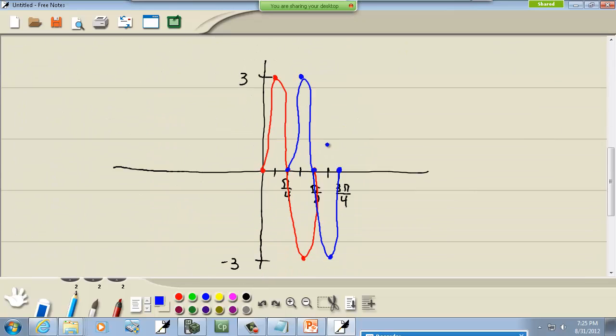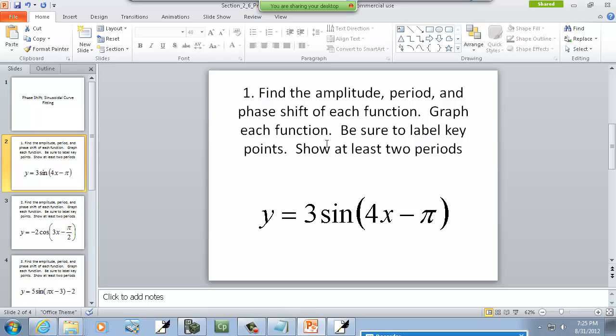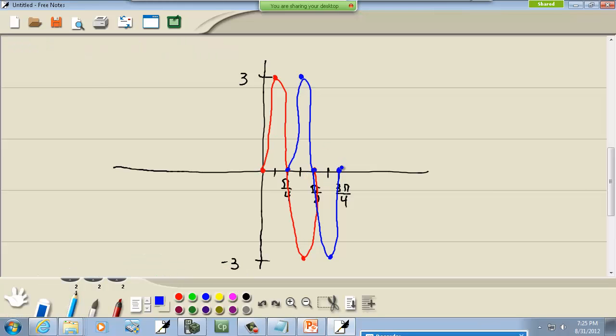Now, if it says for 2 periods, then we would repeat it over. Show at least 2 periods. Let me try to roughly sketch it. And back to our starting place. Okay, that'd be 2 periods. And again, I didn't do little tick marks here, but you get the idea.